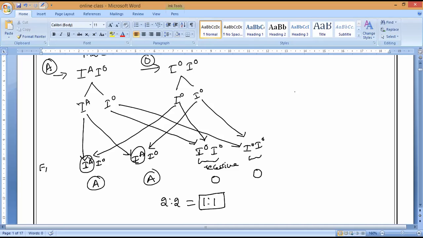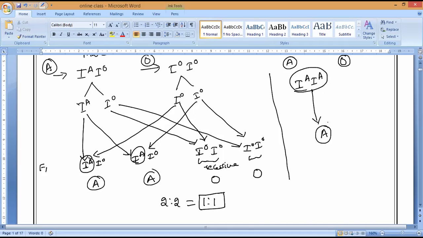Similarly, yesterday I asked one question. If the father has IA and IA, that is A blood group, and the mother has O blood group, what are the possibilities? As I told you, if the father has IA and IA, then definitely the baby will get A blood group, even though the mother has IO and IO, because every time the dominant gene will come.